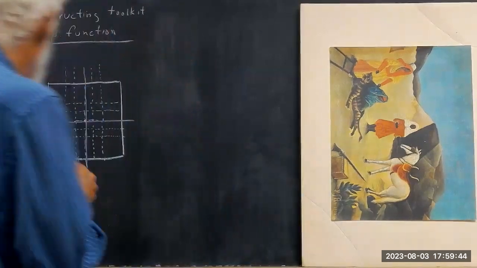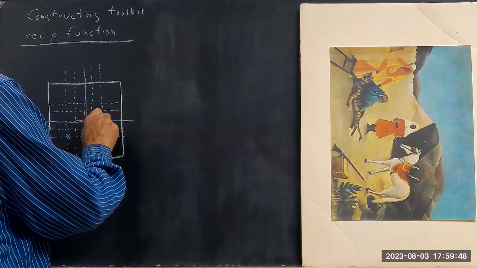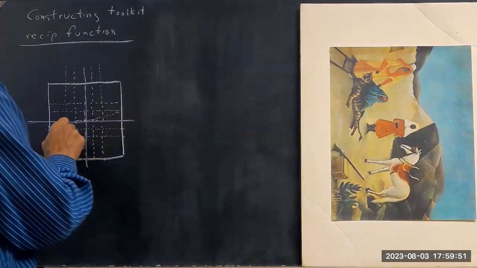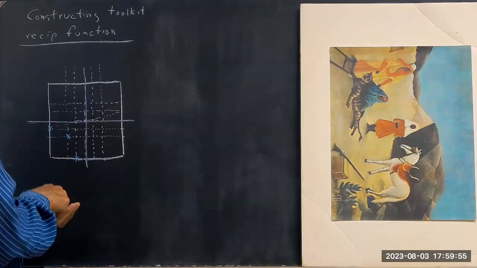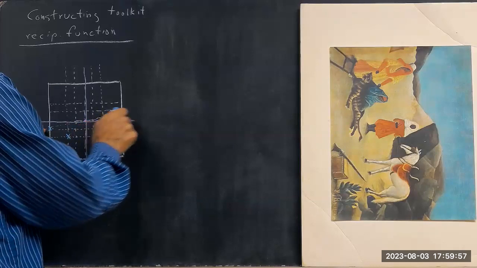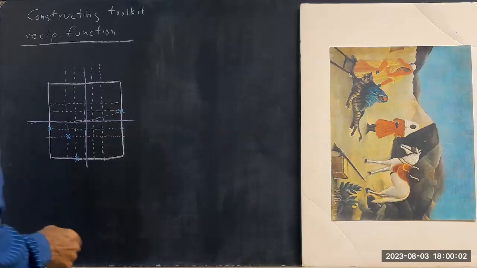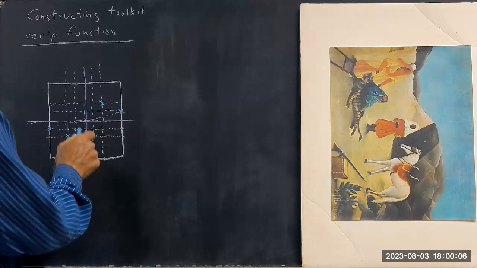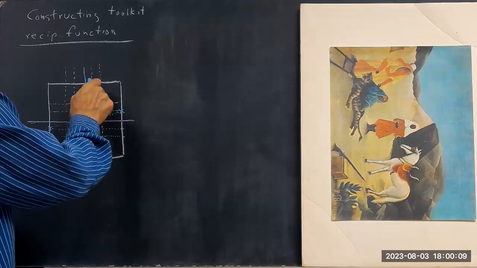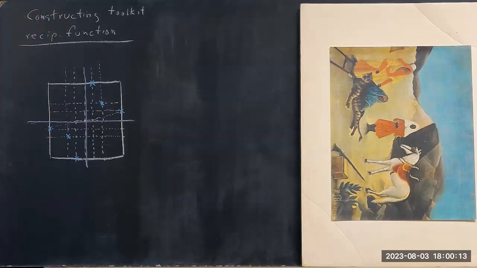If I was to draw a straight line from this point through the origin, if everything is marked off accurately, I would end up at this point over here. And then I'll move one point to the left and one point up. And then I'll move to this point.